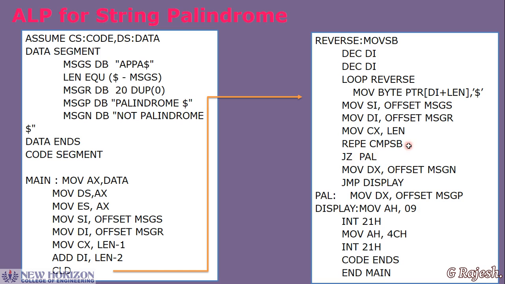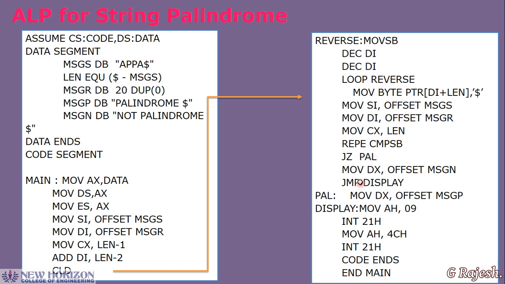If all the characters are compared, meaning CX becomes 0, the zero flag will be set. If the zero flag exists, it means all the characters have been compared and are equal in the source as well as the destination location.